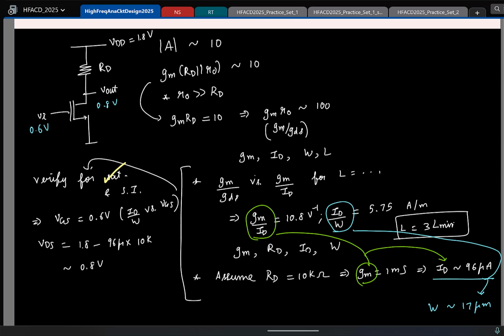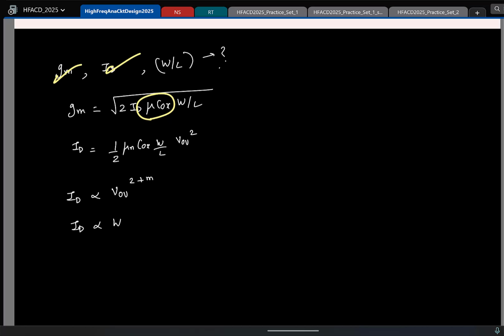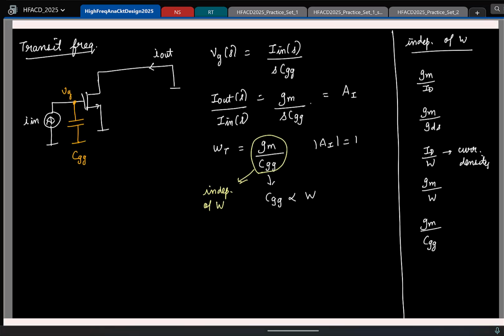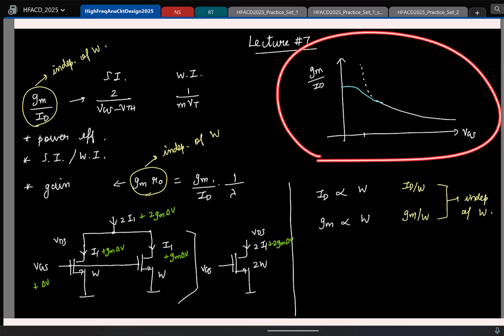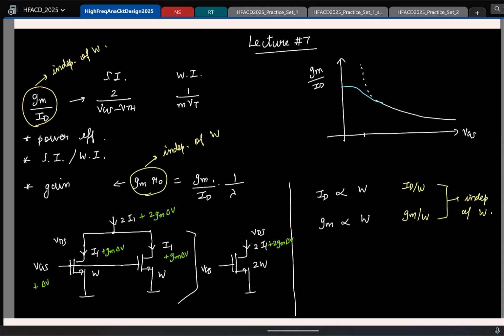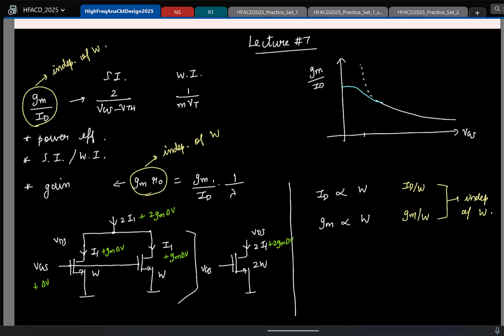A better thing to look at is the plot of gm by ID versus VGS. If I am reaching near the saturated region, I am in weak inversion. If I am nicely in this varying region, I am in strong inversion.